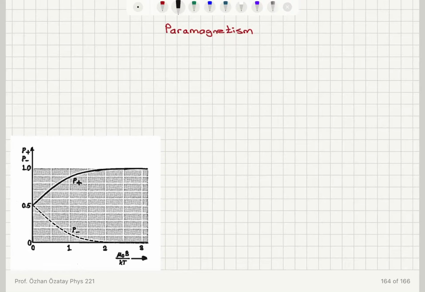The first example of a small system in contact with a thermal reservoir will be related to paramagnetism. We're going to consider a substance which has n zero magnetic atoms per unit volume.